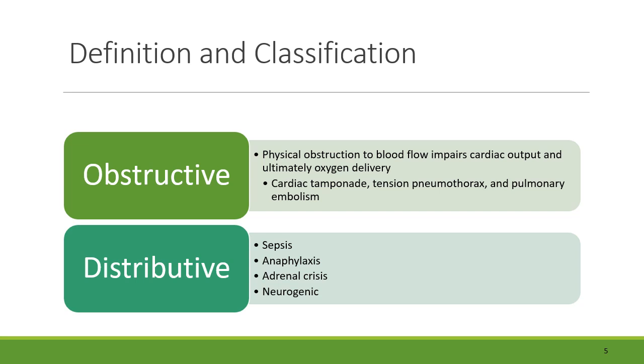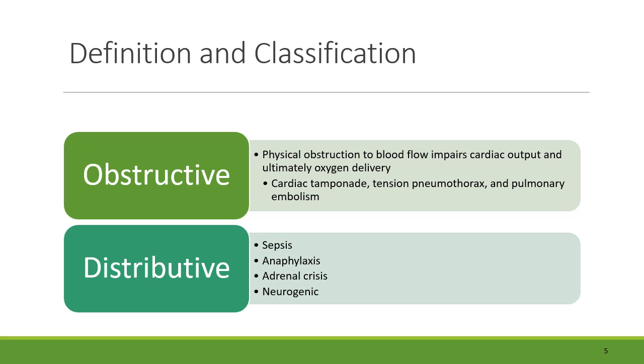The final and perhaps the most broad category of shock is distributive shock, which includes shock states such as sepsis, anaphylaxis, adrenal crisis, and neurogenic shock. Each of these shock states is characterized by a maldistribution of blood flow to tissues with resultant low systemic vascular resistance states.